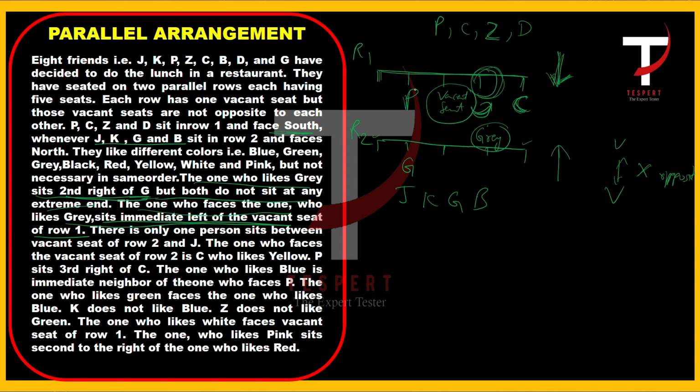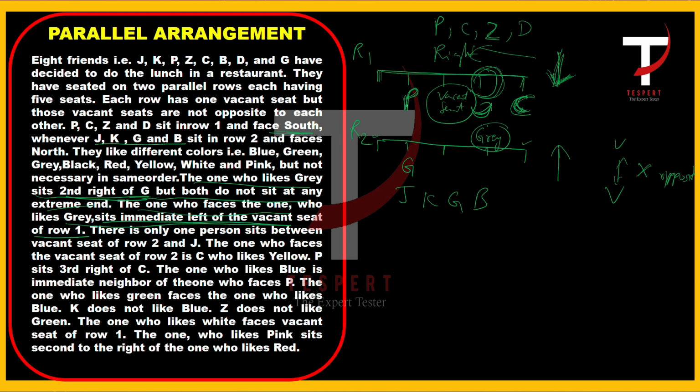Why? Because all are towards the south direction. So right side, in the sense you must move like this. This is the right side of row 1. So as C is here, P is third right to C. This is the first right, this is the second right, and this is the third right.